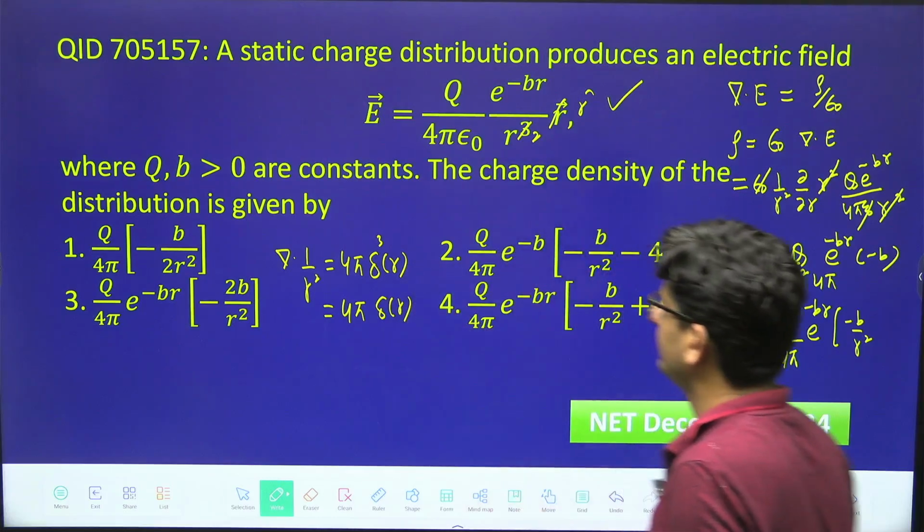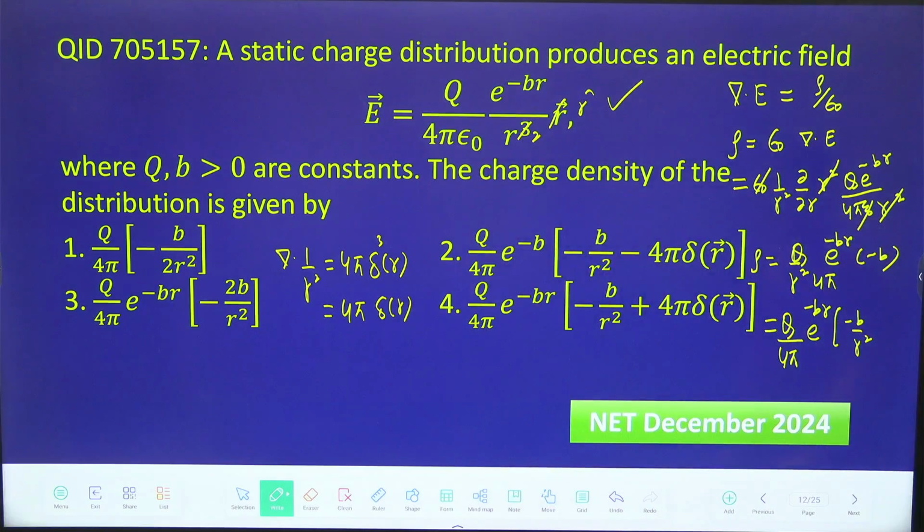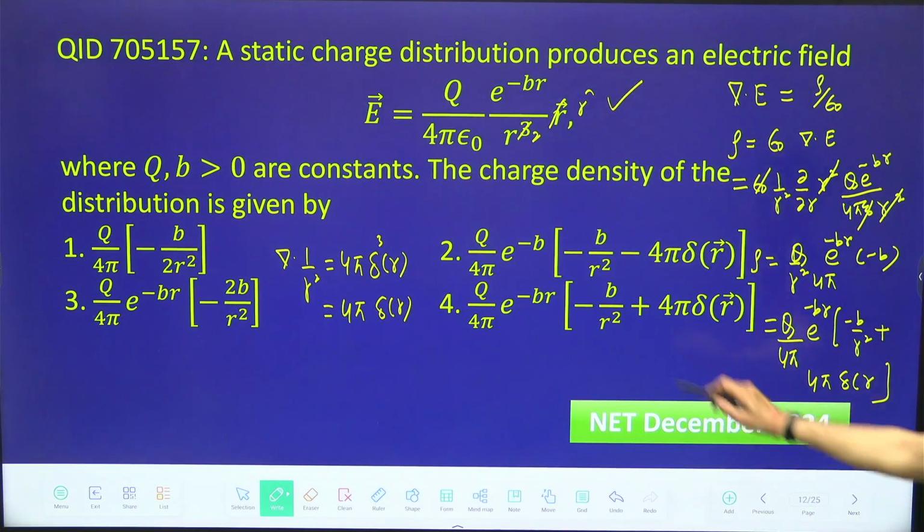Both are the same thing, the Dirac delta function in 3 dimensions in spherical polar coordinates. So just for that case, add this quantity here when r becomes 0. This will take care. Just write 4 pi del r here. Okay. So you can see this option 4 is correct.